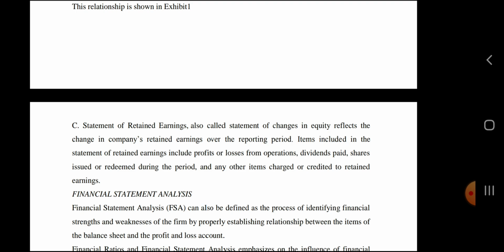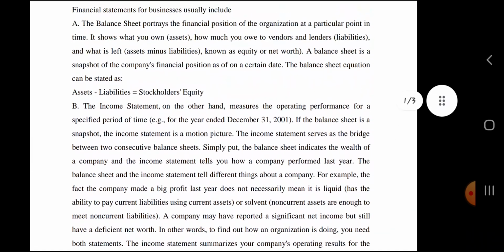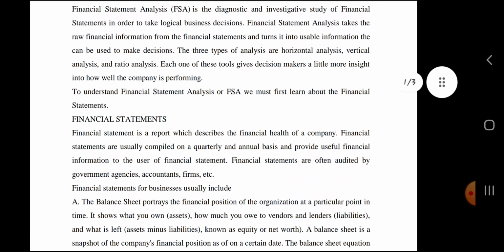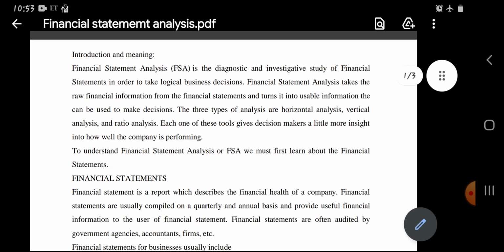Okay, and items included in the statement of retained earnings are dividends paid, profit or loss from business activity, that is operations, then shares issued or redeemed. All these items are included in retained earnings. So these three statements are very important for financial statement analysis.